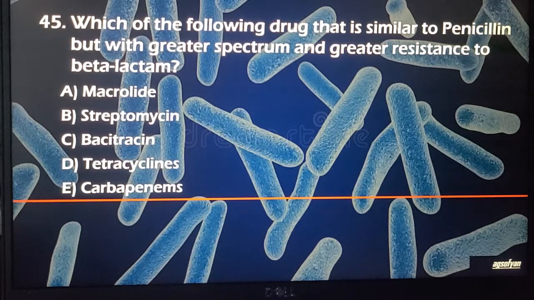Number 45. Which of the following drugs that is similar to penicillin but with greater spectrum and greater resistance to beta-lactam? A. Macrolide. B. Streptomycin. C. Bacitracin. D. Tetracycline. Or E. Carbapenems. Choose your answer.